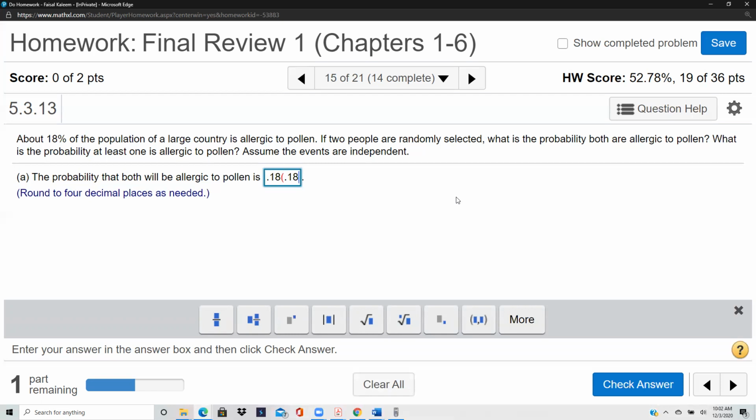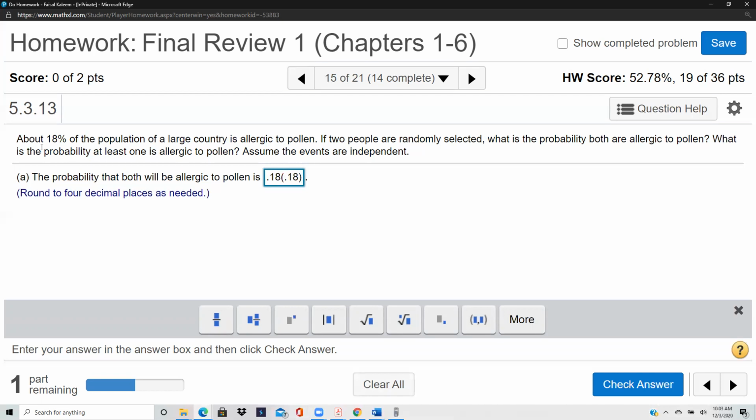So 0.18 times 0.18 equals 0.0324, right? Yeah.